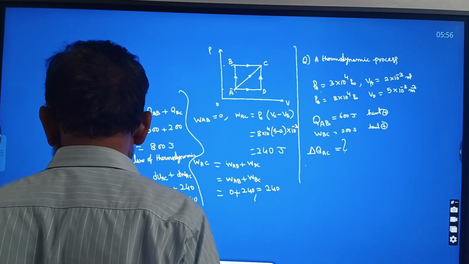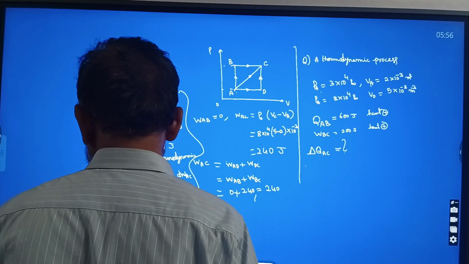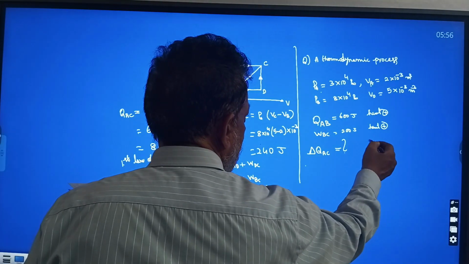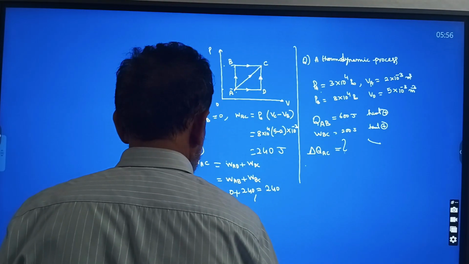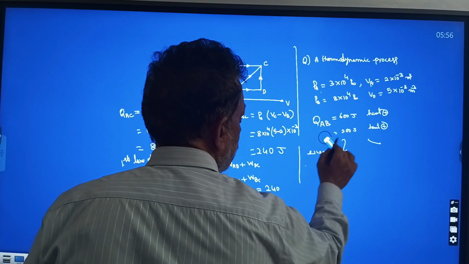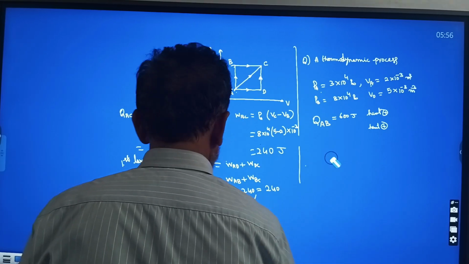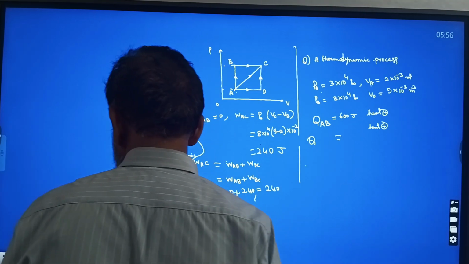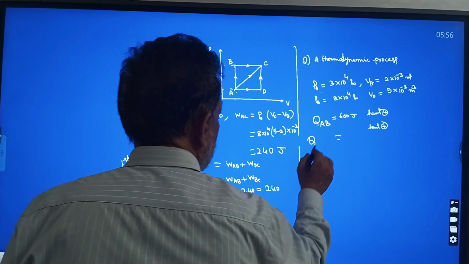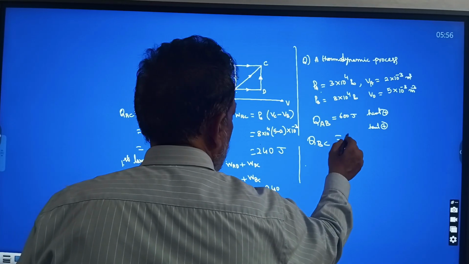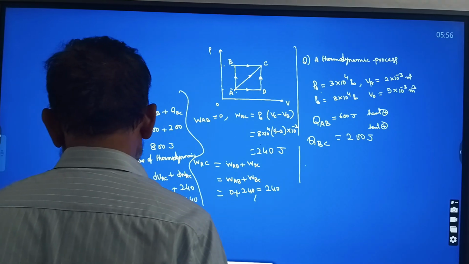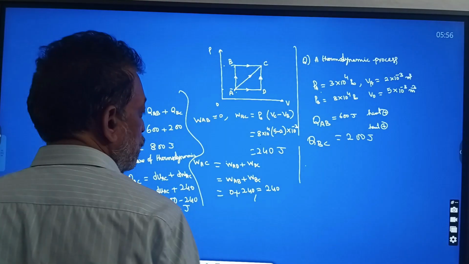Then in the process BC, 200 joule is heat added, not work done. So QBC is equal to 200.